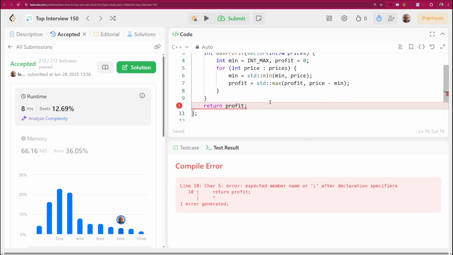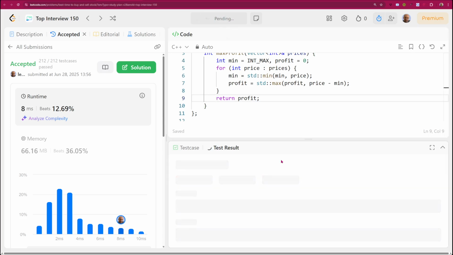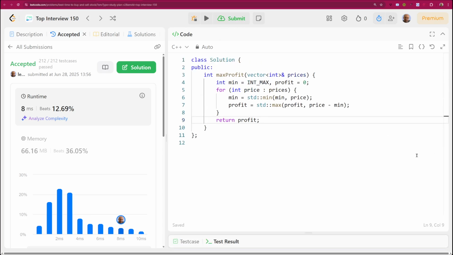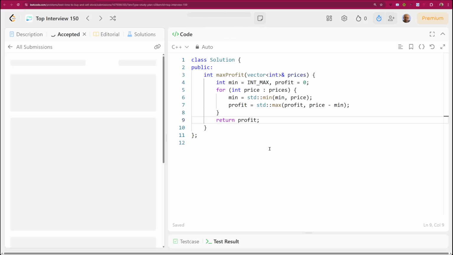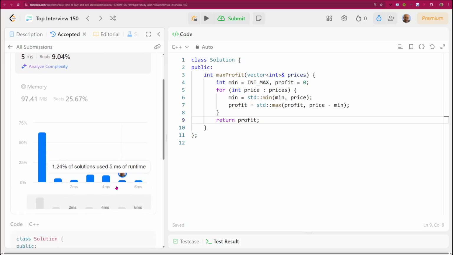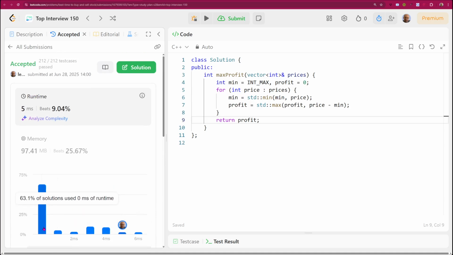All right, this should be inside the function. Right, these are accepted. Let's try to submit this. Five milliseconds. I think this is slightly better, right? It's still not a stellar performance. I'm not sure how this is significantly slower than anybody else's, but well, okay.